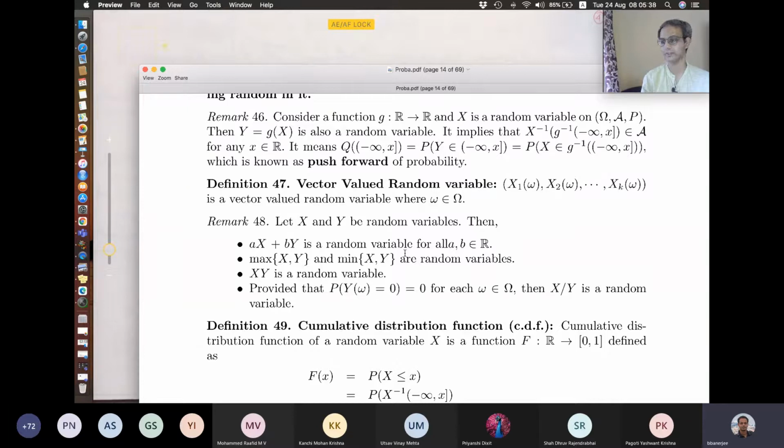If y takes value 0 with probability 0, then x divided by y is also a random variable. So these are very standard things. Similarly, x square is also a random variable, which is a function of x. This way, you can construct many random variables from a given random variable, and that will be the key method of construction of different random variables.